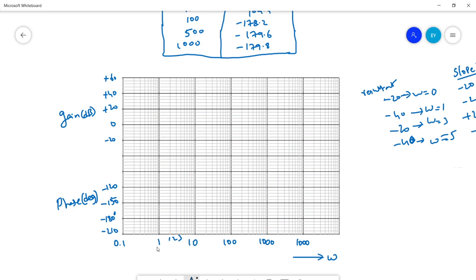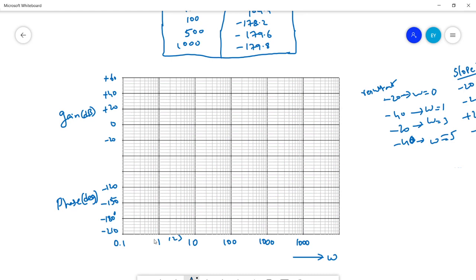Each horizontal dark line you can see here represents 20 dB, right?